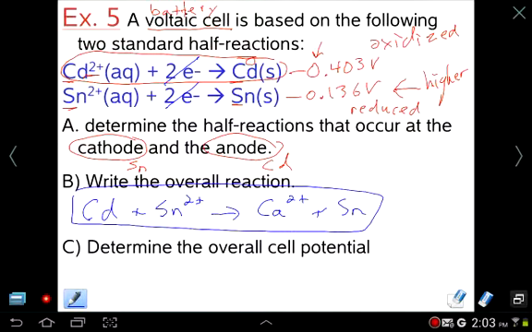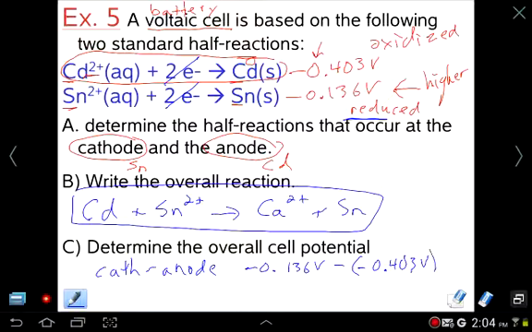It's actually quite simple. And to determine the overall cell potential, remember we want to do cathode minus anode. In this case, our cathode is reduction. It's negative 0.136 volts. Our anode is negative 0.403 volts.